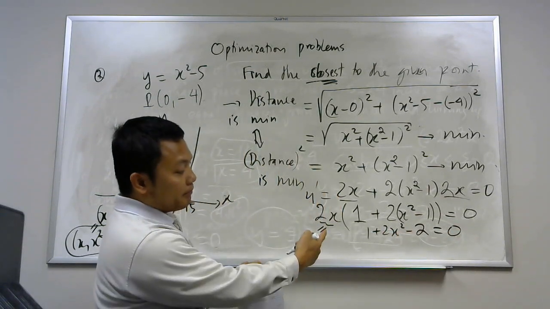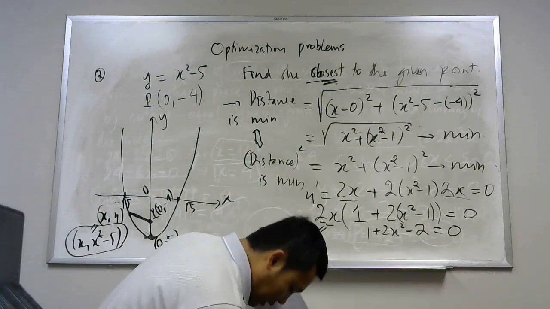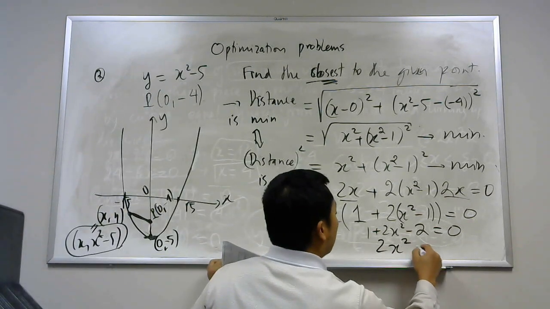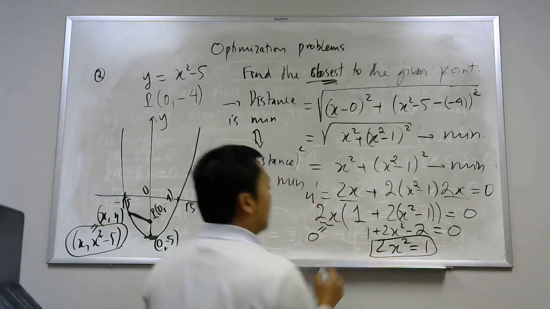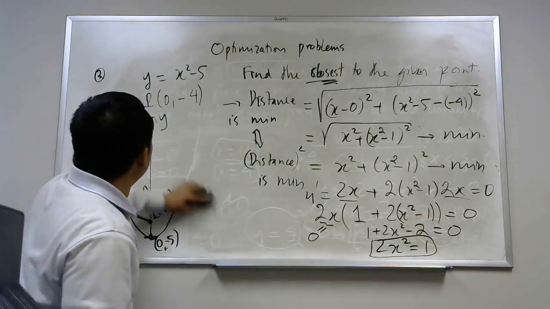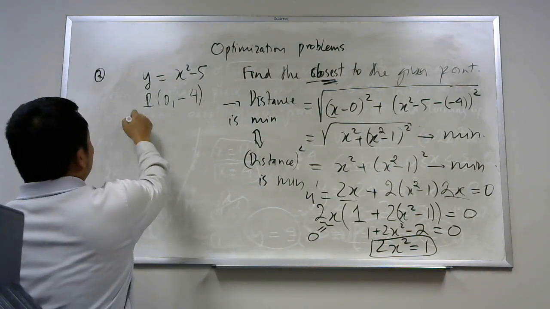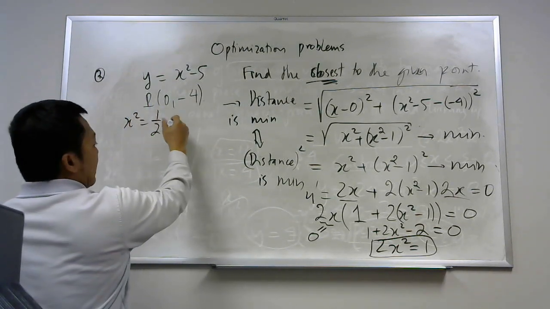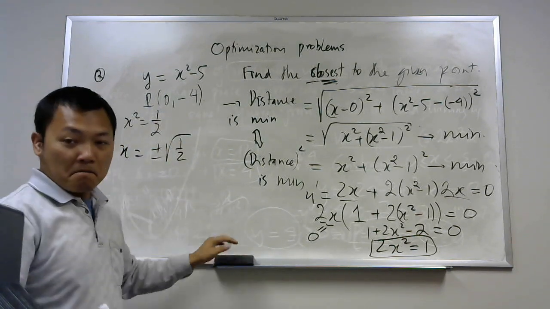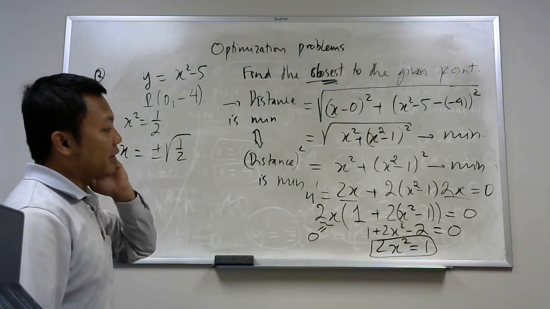So basically 1 with -2 is -1, and I bring it to the other side, I get 2x squared equal to 1. So x squared equal to 1 over 2, and then x equal to plus or minus the square root of 1 over 2.